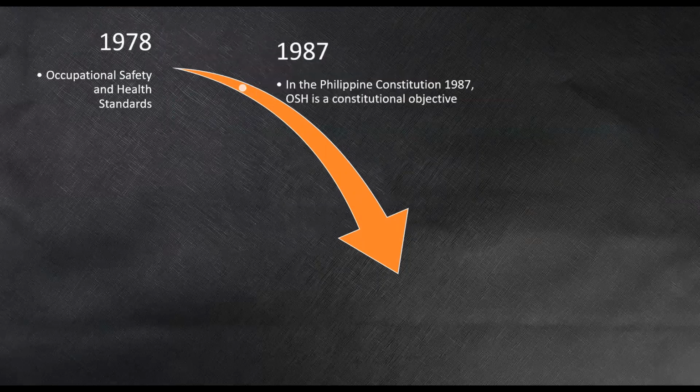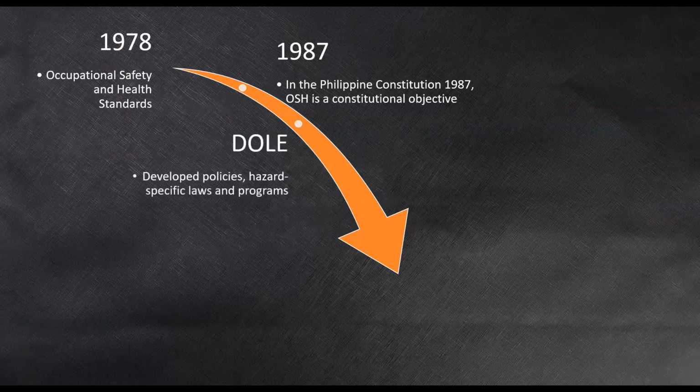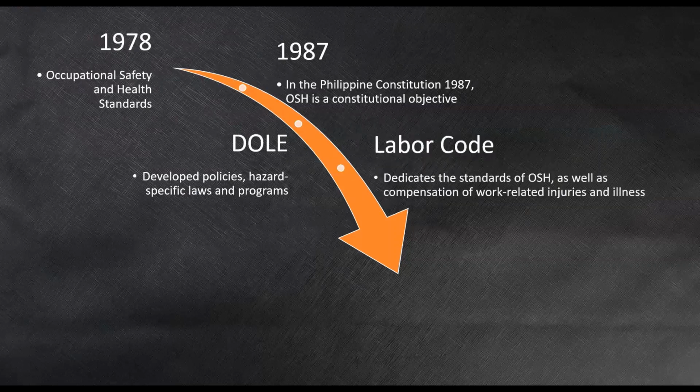In the 1987 Philippine Constitution, occupational health and safety was included as a constitutional objective. The government body assigned to implement these standards is, of course, the DOLE, or the Department of Labor and Employment. In the Labor Code, rather, we can see the many standards on occupational safety and health.